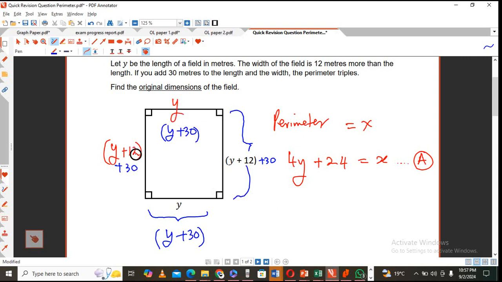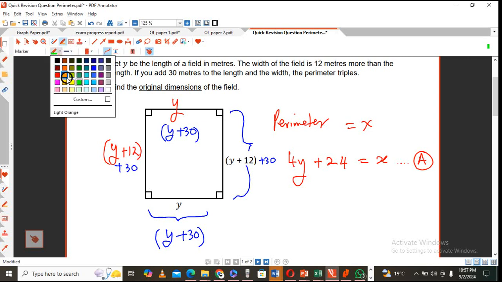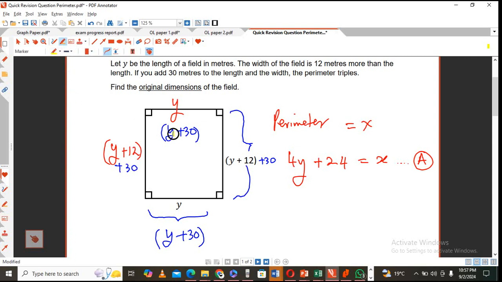Looking at the ones in y, if you go in a clockwise direction, or whatever the direction may be, it will be y plus y plus y plus y, which just gives us 4y. What is interesting now is I'm adding 30.